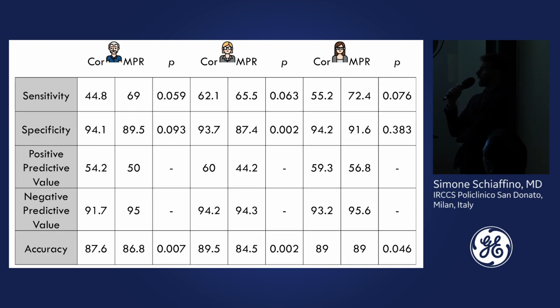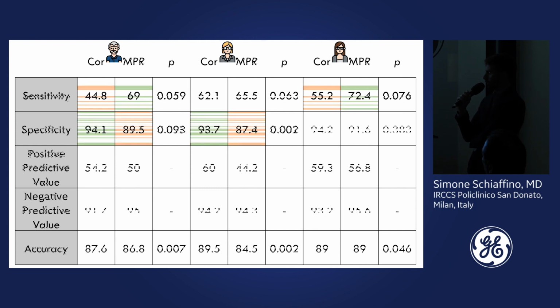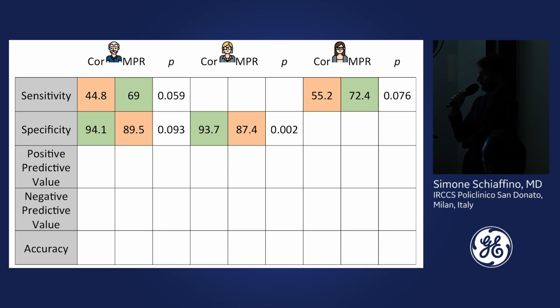Here you find all the results about diagnostic performance. This is a very dense table. Highlighted you find the most significant one, in my opinion, which is a higher specificity of the coronal view compared to the multiplanar views.